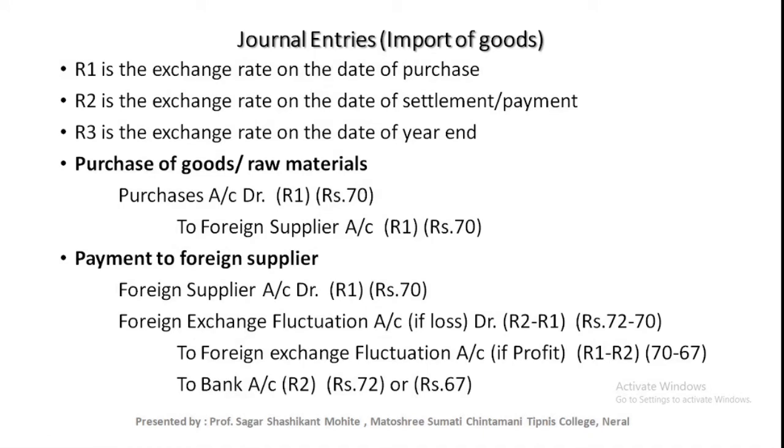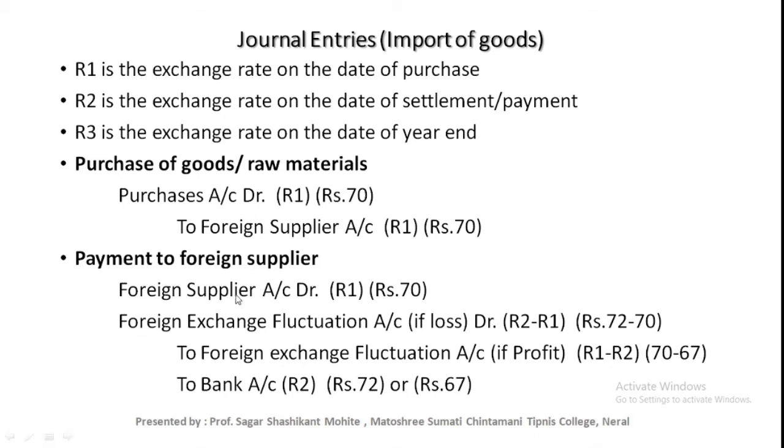If R2 is rupees 72, at that time there will be a loss of 2 rupees to the company. So the entry will be foreign supplier account debit rupees 70, foreign exchange fluctuation account debit rupees 2, that is 72 minus 70, R2 minus R1, to bank account rupees 72. If R2 is 67, at that time there will be a profit.